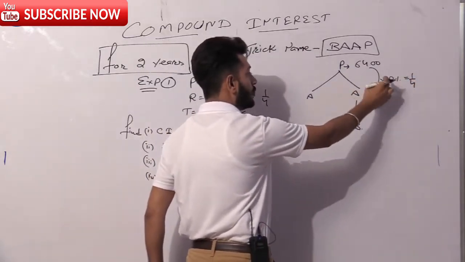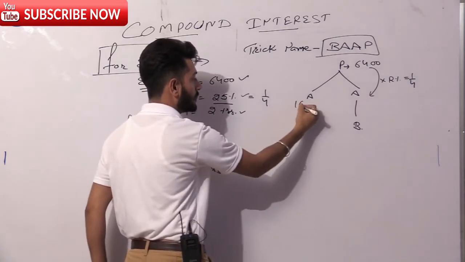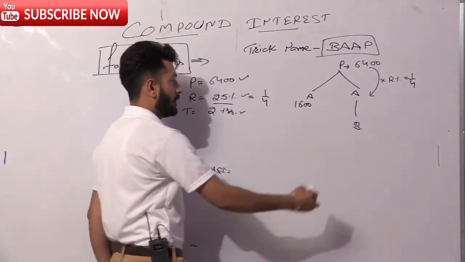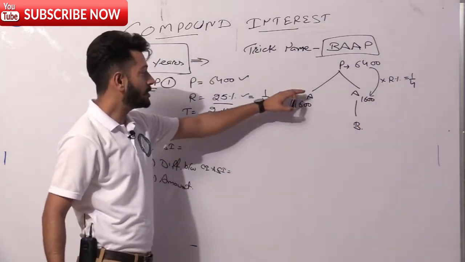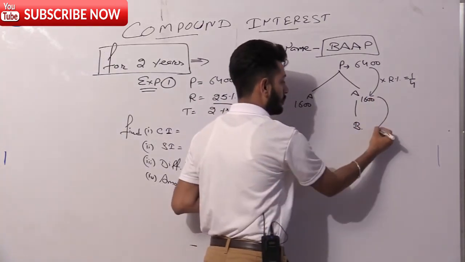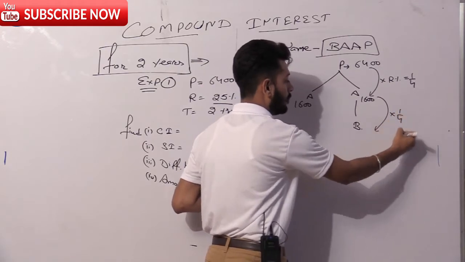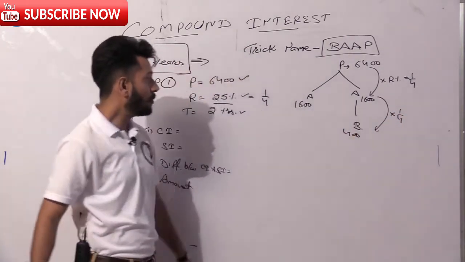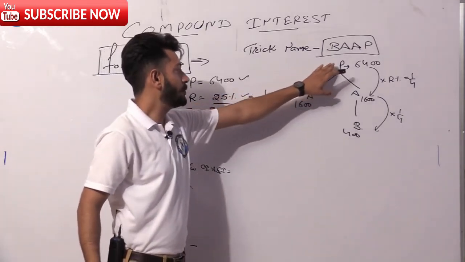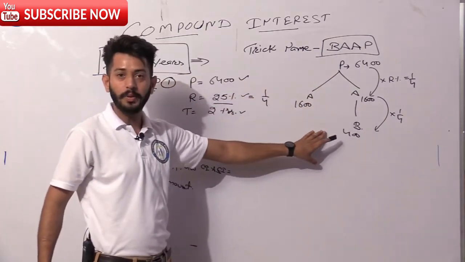Now taking 1/4 of 6400, which is 1600, and the second A is also the same, which is 1600. Now moving one step more downward, again multiply with 1/4, which becomes 400. Now we have completed the whole diagram, which is P, A and B.